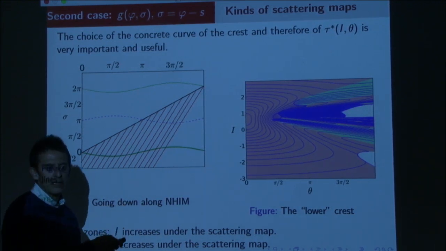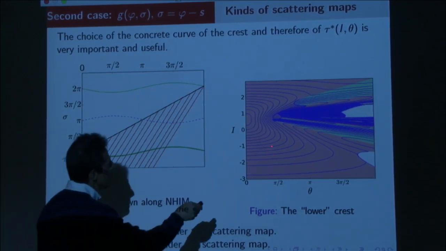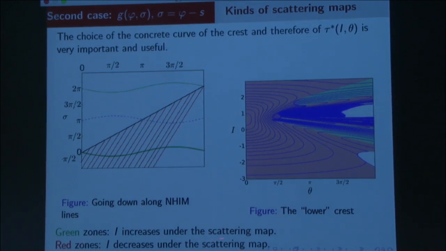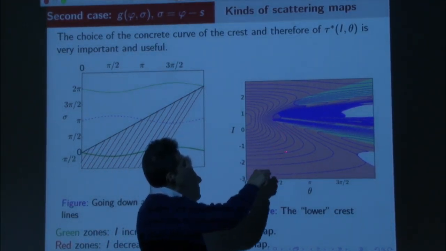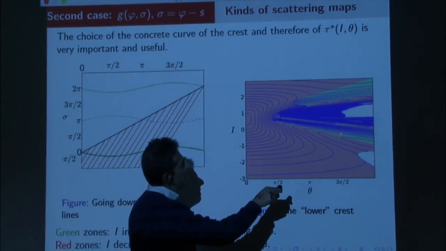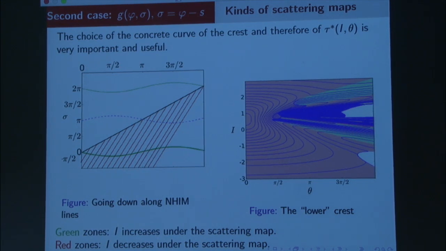This is the first time that instead of putting arrows, I'm putting orientation. Every time a red line appears, it means that I decreases. So this is telling you that this line goes in this way, and every time there is a green line, I increases. This is equivalent to putting arrows, but it is more economical for drawing.